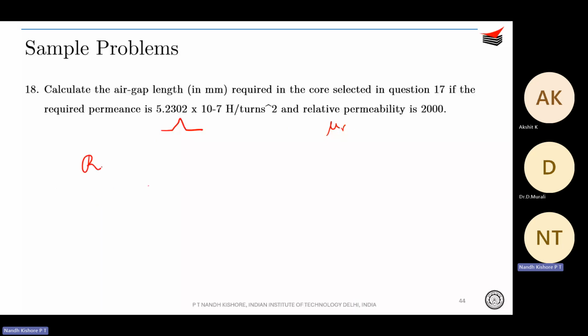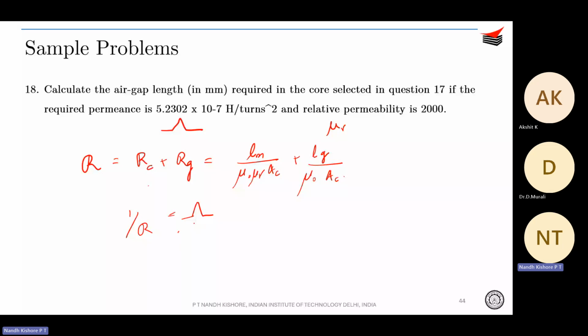You know that the reluctance is RC plus RG, that is Lm by mu naught mu R AC plus Lg divided by mu naught AC. This is your reluctance. 1 by reluctance is equal to permeance.